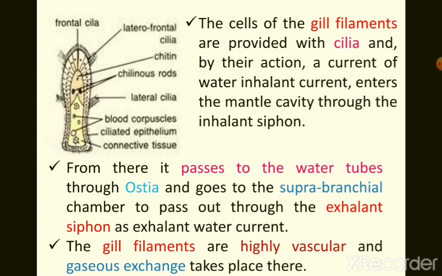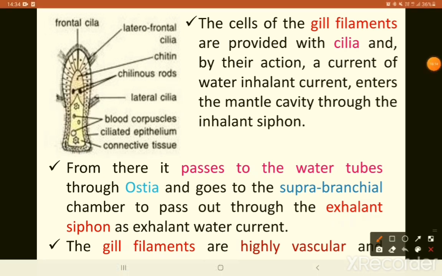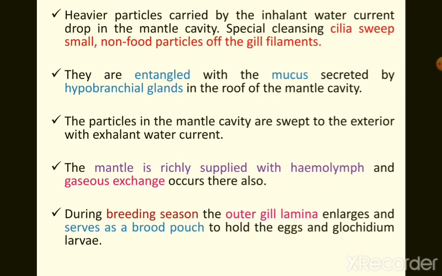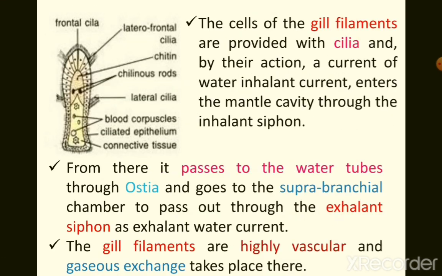That is how the food moves with the help of the ciliary action of this gill filament. So these are the lateral cilia, the laterofrontal cilia, and the frontal cilia, supported by these chitinous rods, lined by ciliated epithelium, and enclosing blood corpuscles and connective tissue. So gill filaments play a very important role.